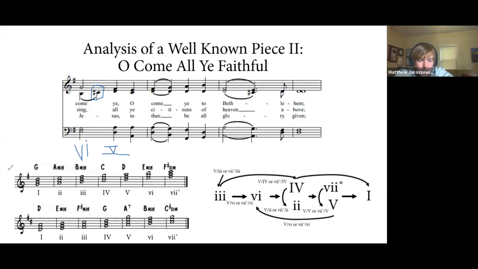Okay, so this is a secondary diminished triad. I have in the bottom left-hand corner here both the diatonic chords in G and the diatonic chords in D, because this is going to be 7 diminished of 5. And in this case, 5 is D. We have 5 here.